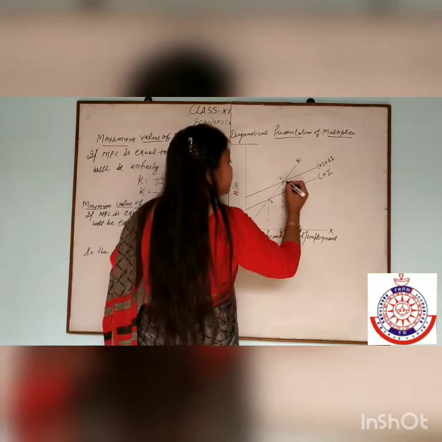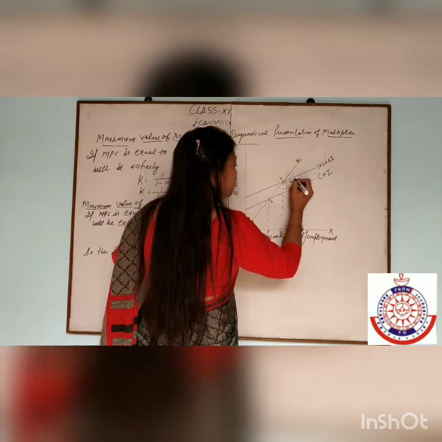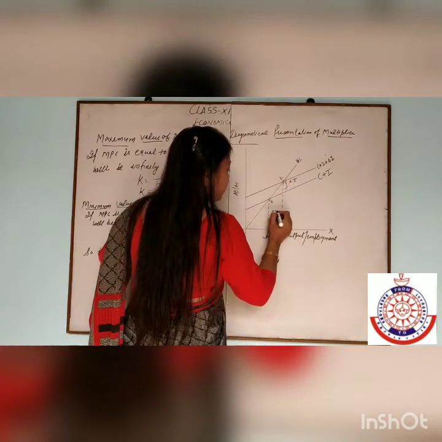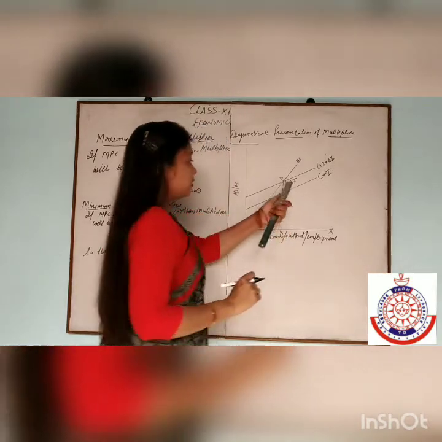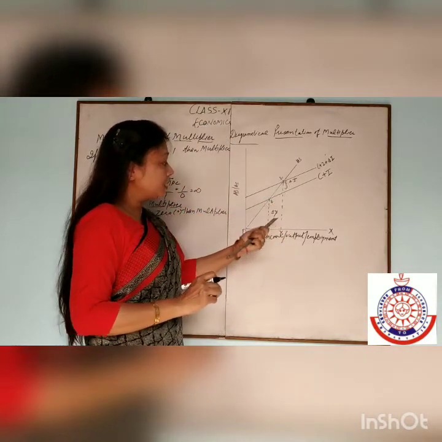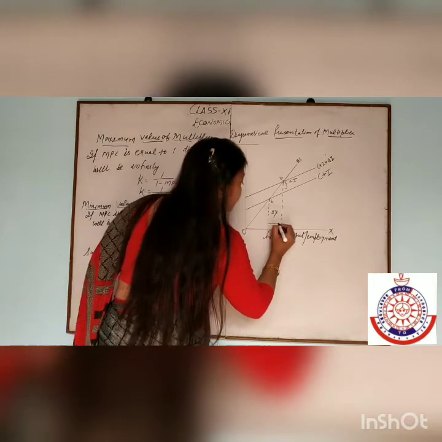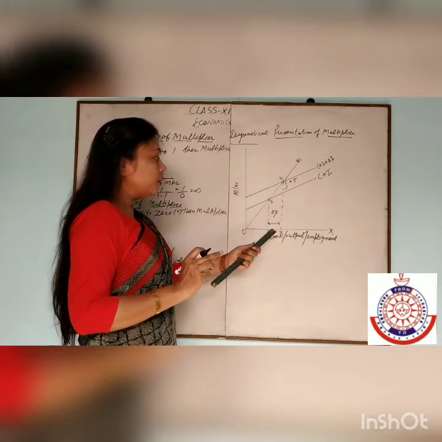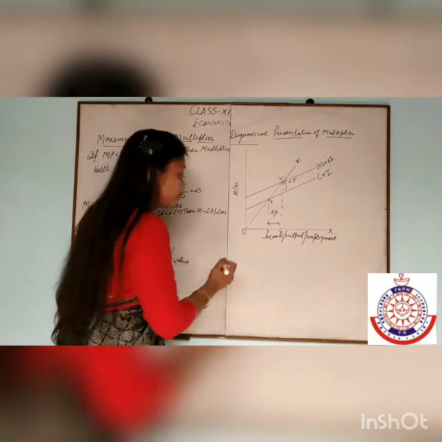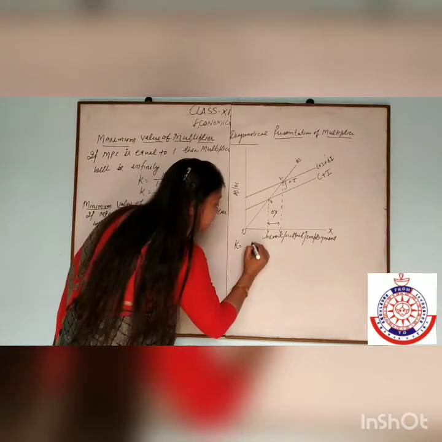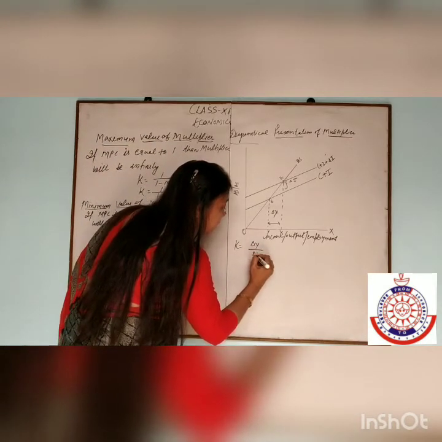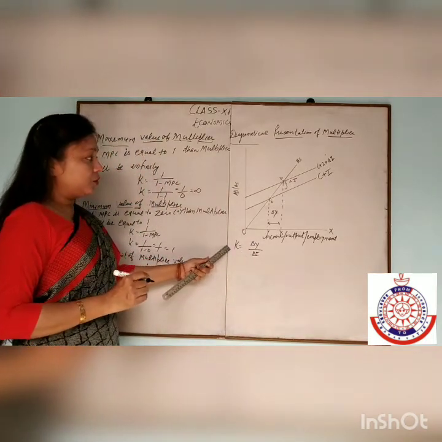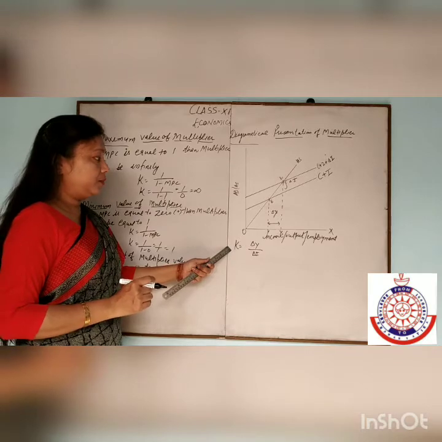Now, this is our change in investment and this is our change in income. Change in income is more than change in investment. That is known as the multiplier.